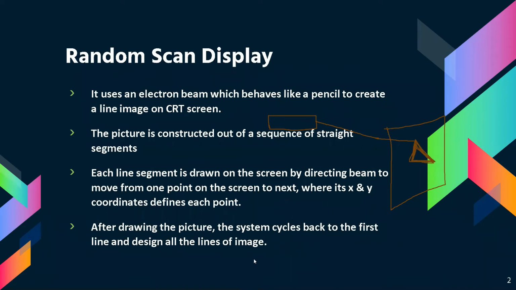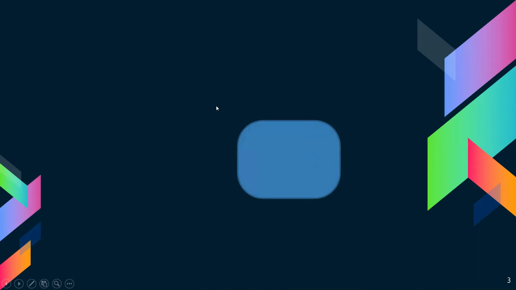Okay, then I will show you this example. Firstly, the electron gun will emit the electron beam that will hit the screen. So say if you want to write A, what will happen? First this line segment will be drawn.